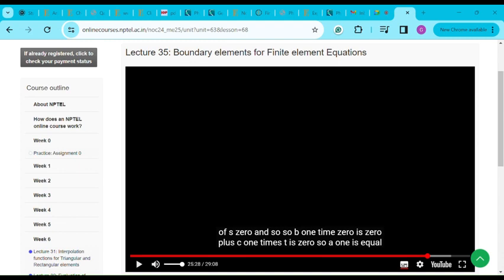So this is where you apply boundary conditions. T is equal to 0 at the bottom, which is nodes 1 and 2. So here T is 0.